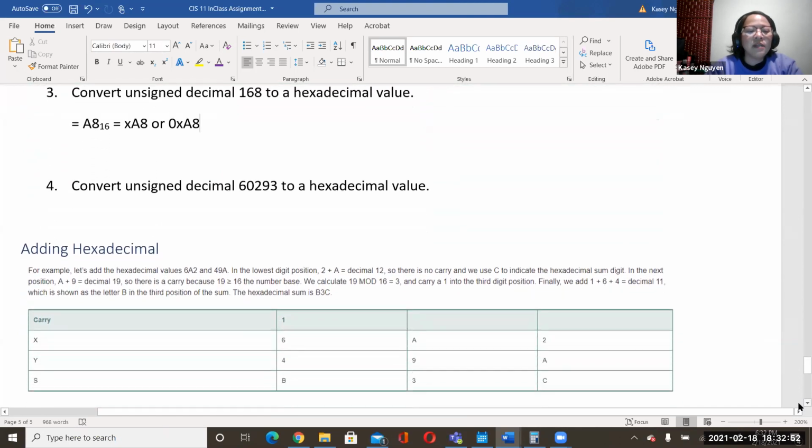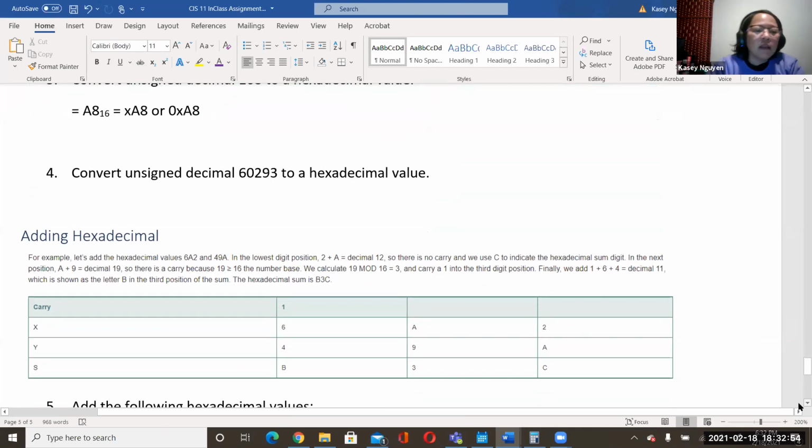All right, let's read the note for adding. When you're adding, it's very similar to decimal addition, but you need to remember that hexadecimal has 0 to 15 equivalents to decimal.